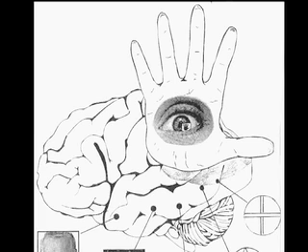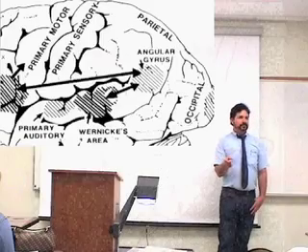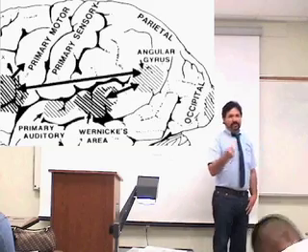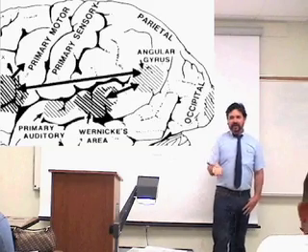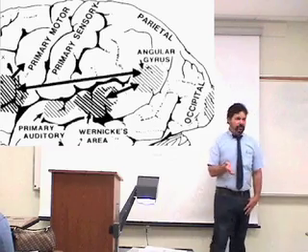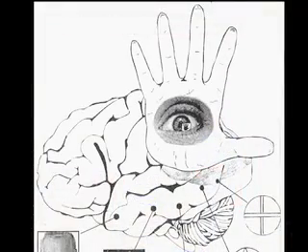You have destruction to the left parietal lobe. The person might lose the ability to count. It's related to the hand. So they might not only have apraxia, but you ask them to count. You ask them to do a math problem. What's 32 plus 17? We call that acalculia. And so you can lose math ability. So you have apraxia, but they might also lose math ability.